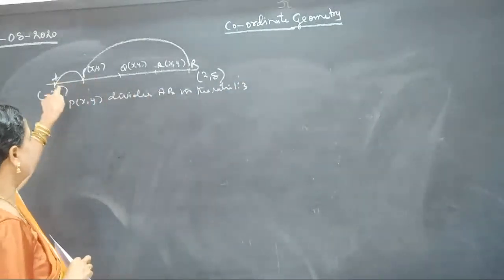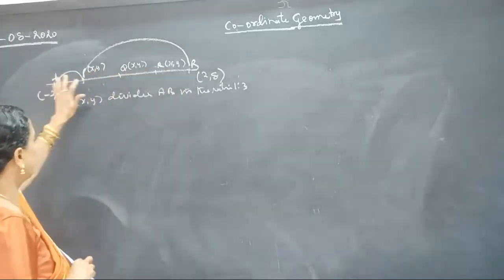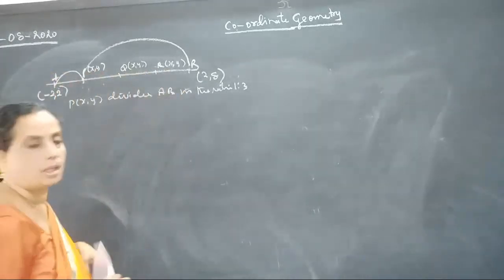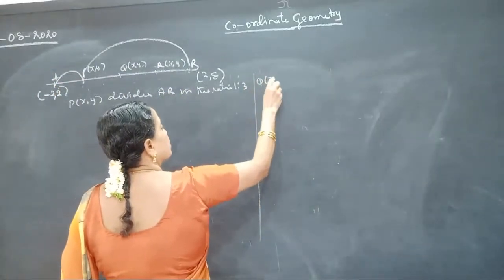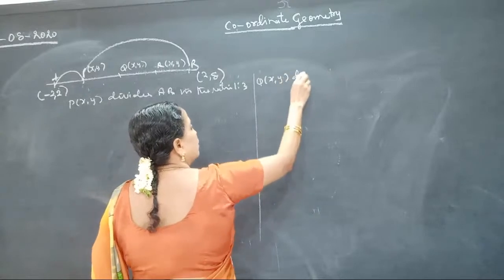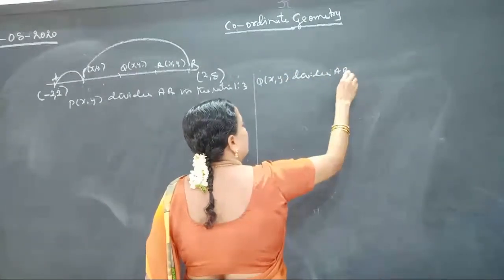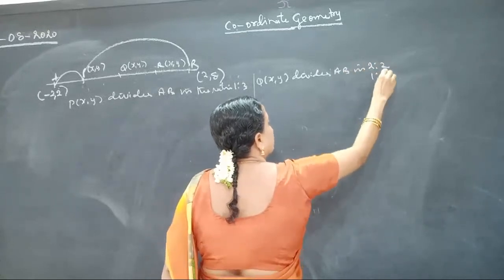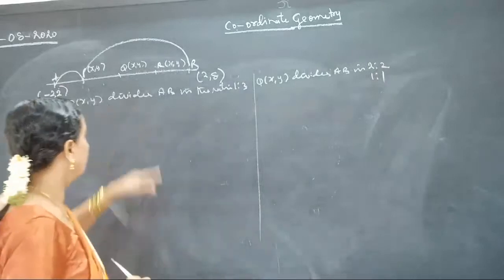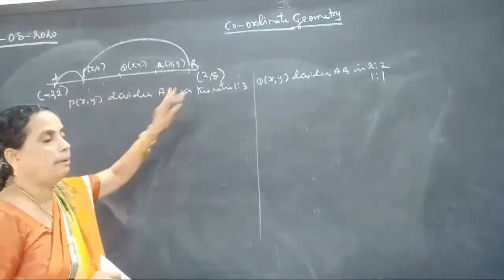Point P is nearer to A, 1 part, remaining 3 parts. So 1:3. Second condition, point Q(x, y) divides AB in 2:2, that is 1:1. Point Q is the midpoint of the line segment AB.